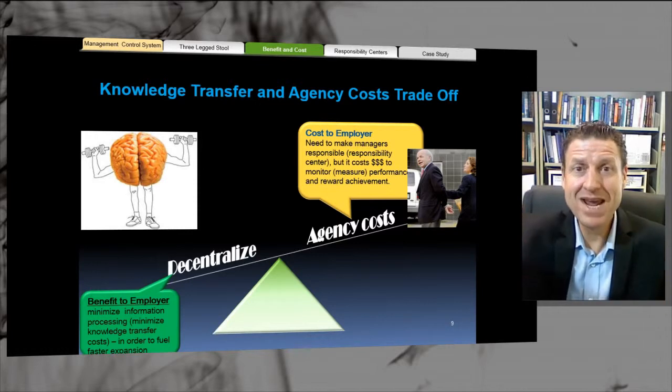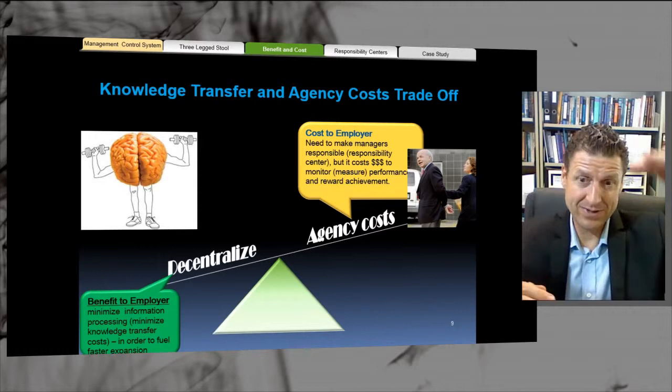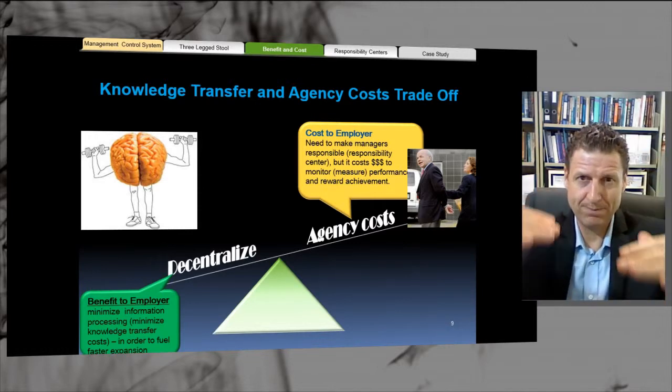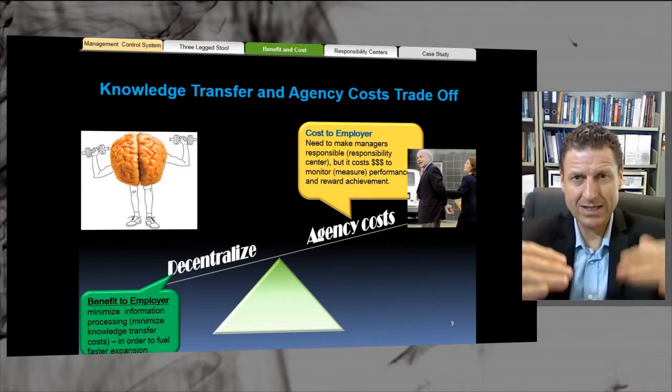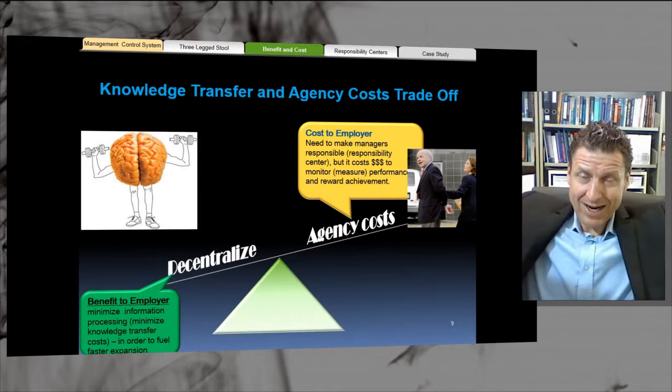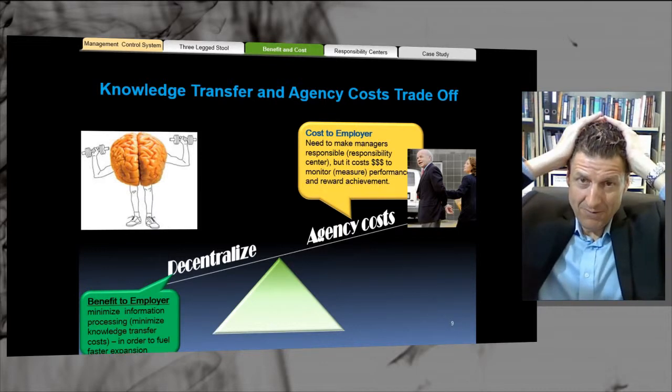So measurement and also the incentives you need to give. So knowledge transfer costs go down, agency costs go up, and so we've got to try and balance these things. We can't just centralize everything because it's too much for our brain, too much cognitive overload, information overload. We can't handle it.